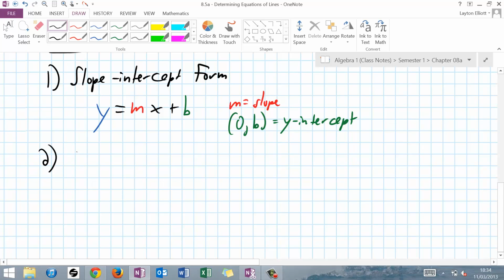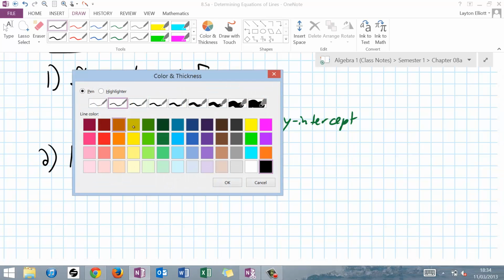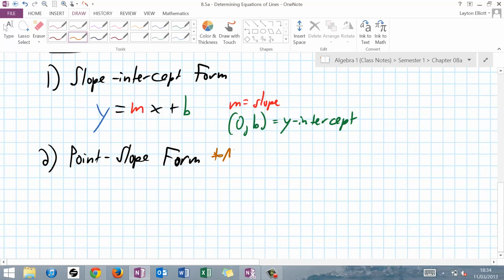Okay, the next form we're going to talk about is point slope form. This, for a lot of people, is new. So I'm going to put down a little asterisk here. This is new. This is something to pay attention to. If I take point-slope form, there's a few things that I want you to know about this.